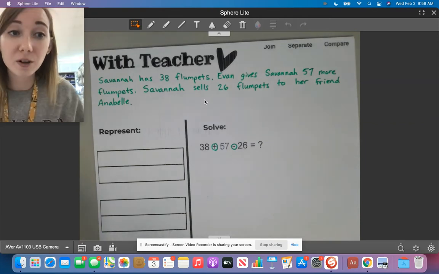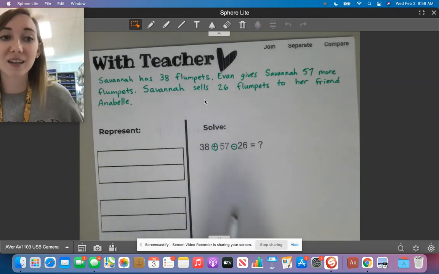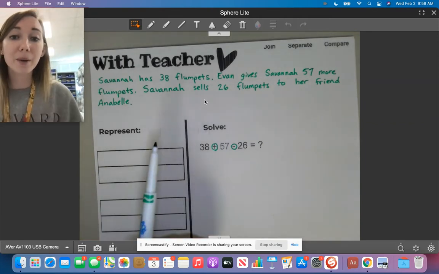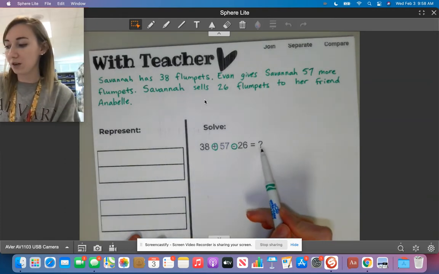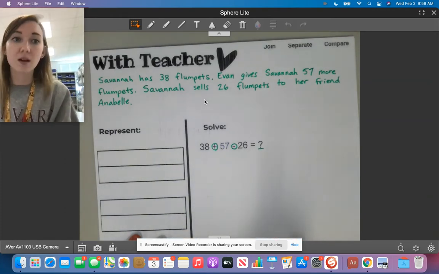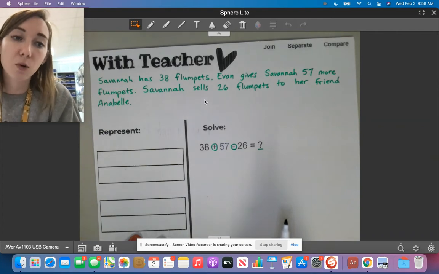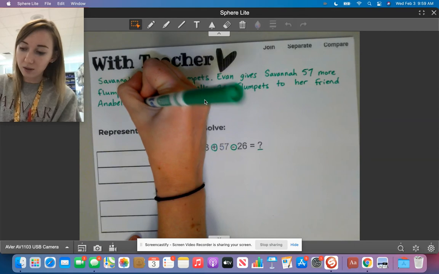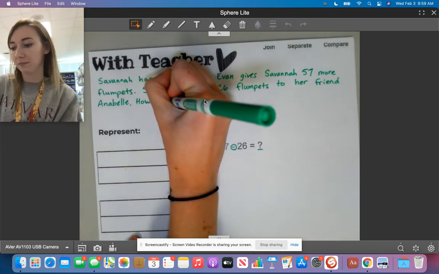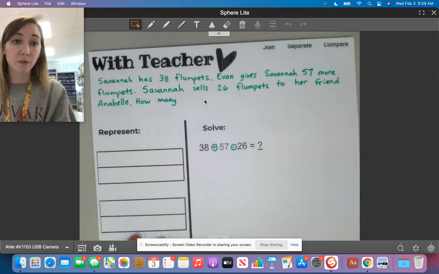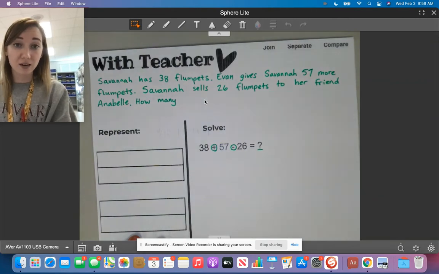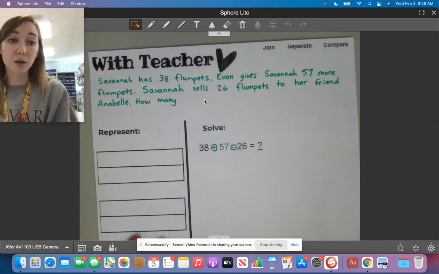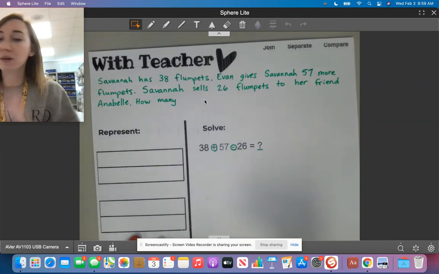Oh, we are so close. I know some of you are so ready to be done with writing the word problem, but we have to do what? What do y'all see here? We have to ask a question. So I need to write a question. And a lot of our questions will start with how many. That's a good sentence stem for when we are writing a question at the end of our problem. So Savannah sells 26 flumpets to her friend Annabelle. We want to know how many what?